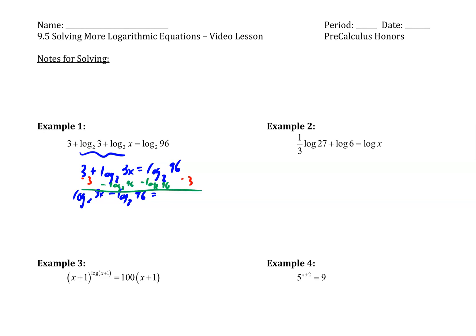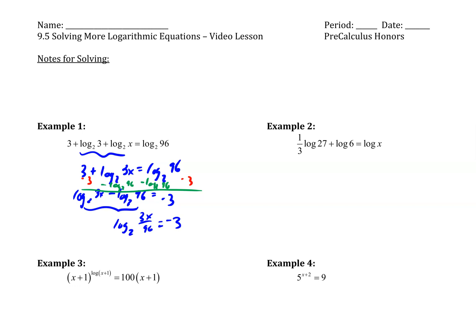That's going to give me a negative 3 on this side. So now I can condense this again, because again, like bases. So log base 2 of 3x over 96, using that quotient rule, equals negative 3.